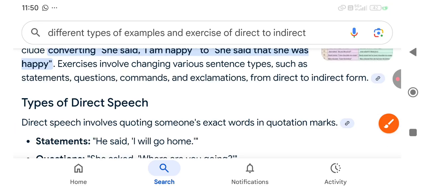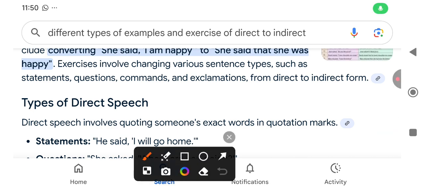Now the exercise involves changing various sentence types such as statements, questions, commands, or exclamations from direct to indirect form. For statements, there will be different rules, right?